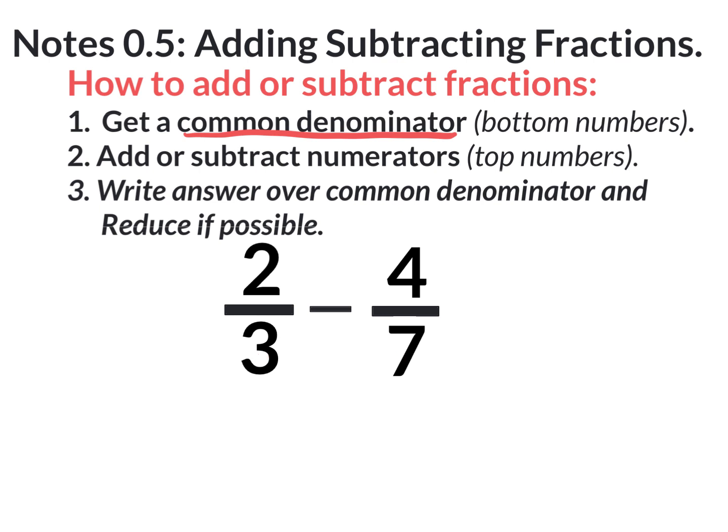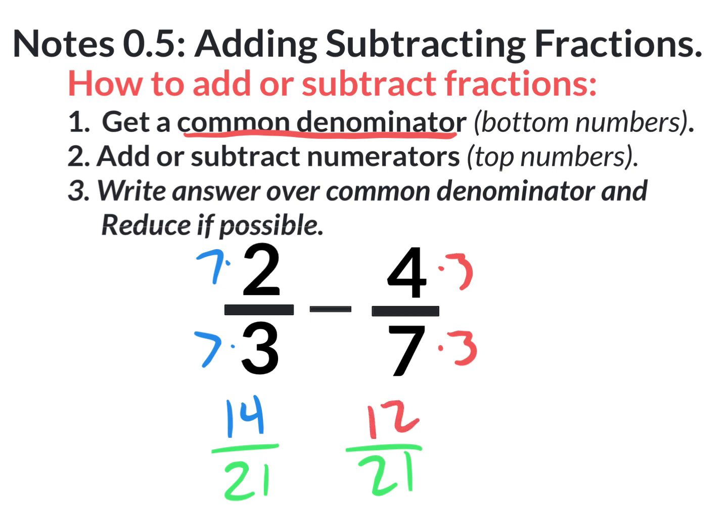21. So everybody write down 21, 21. And once again, how do you change 3 to become 21? Multiply by 7, you get a 14 right here. How do you change 7 to become 21? Multiply by 3, you get a 12 up here. And we do have a minus sign between the two fractions.